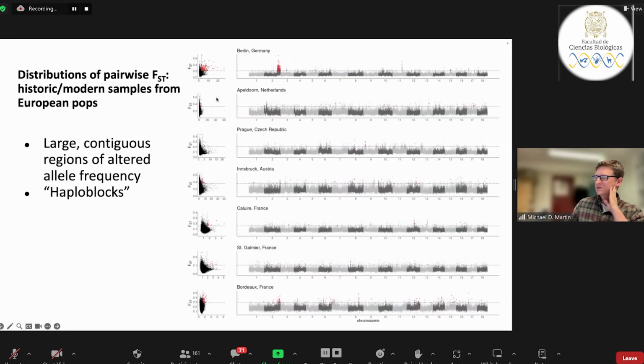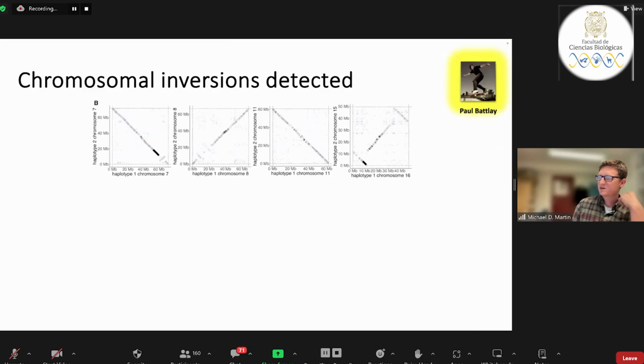And what we discovered was there are lots of these large contiguous regions of altered allele frequency. We called them haploblocks. And with quite a lot of investigation, we were able to identify that these were chromosomal inversions. You can see here where you're plotting haplotype 1 of chromosome 8 versus haplotype 2.